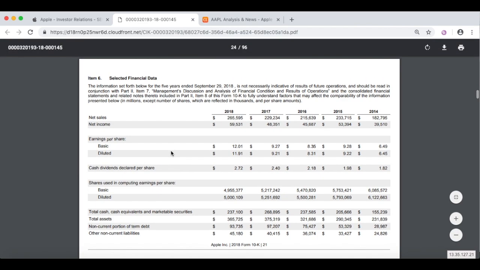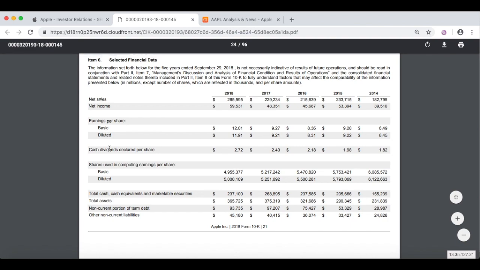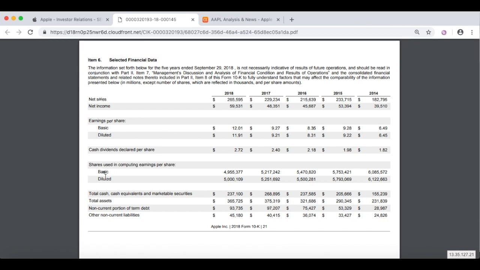Start with this, okay? Start with just net sales, net profit. How many shares do we have? How much dividends are going out the door for those shares? How many shares are they, and what's the trend of that like?